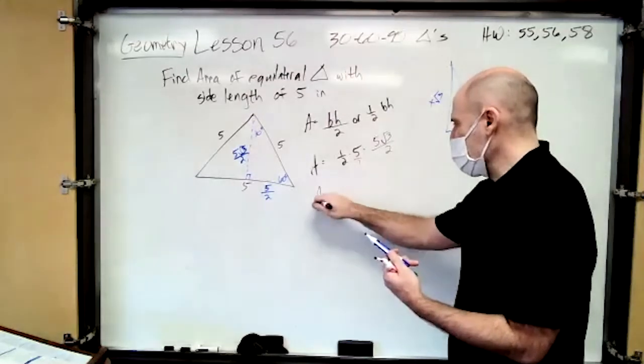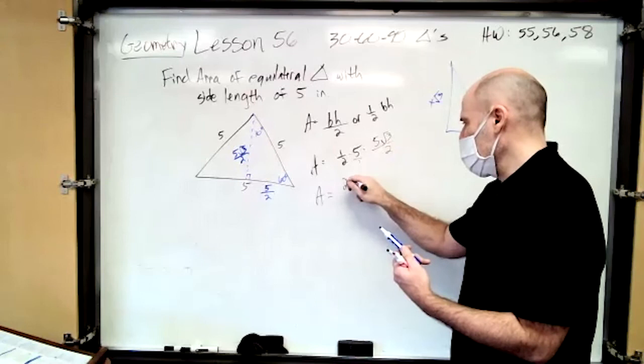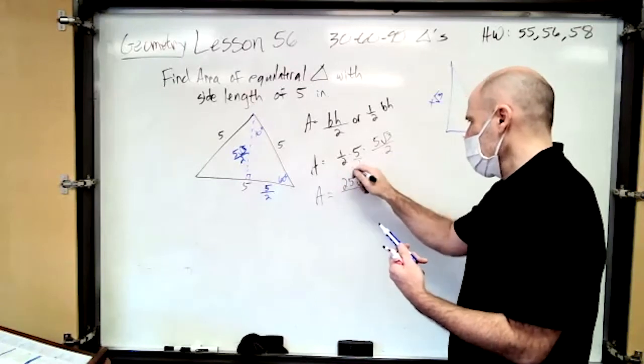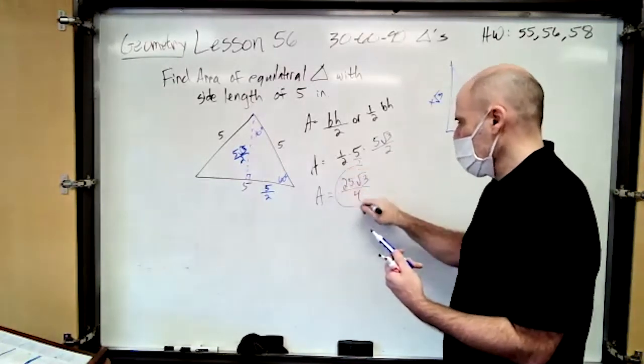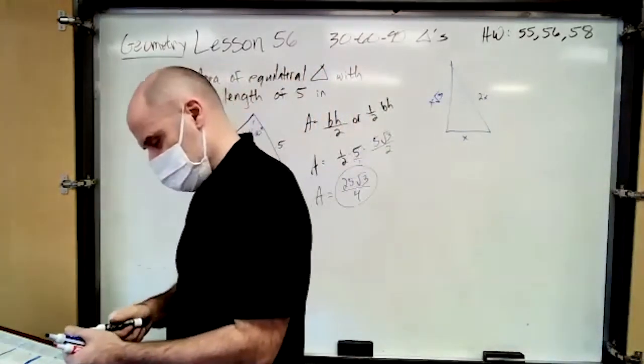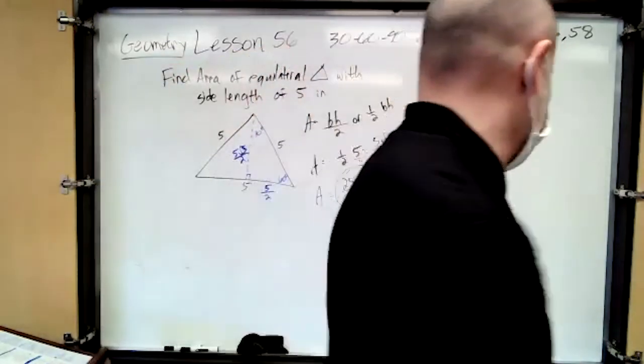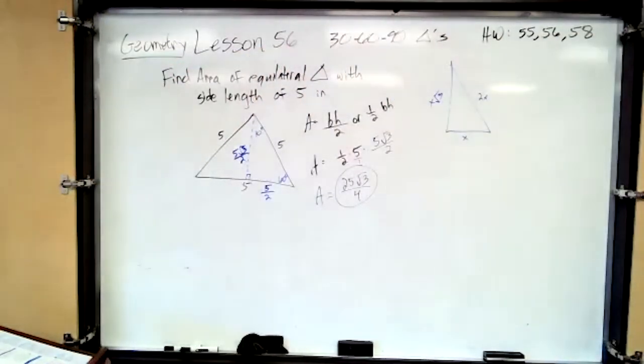Multiply all the tops, you get 1 times 5 times 5 times radical 3. 25 radical 3 over 2 times 1 times 2, over 4. There's your area. So that is a very messy area, but that's how you find the area. The area of a triangle is base times height divided by 2, or 1/2 base times height.